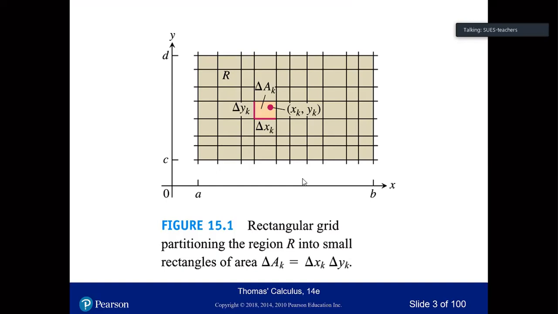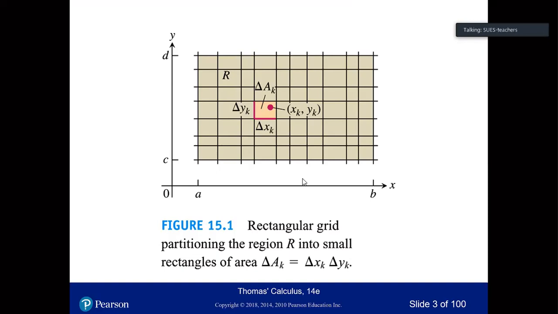Now the multiple, or two-dimensional, integral is trying to calculate the volume under the surface and above the xy plane.